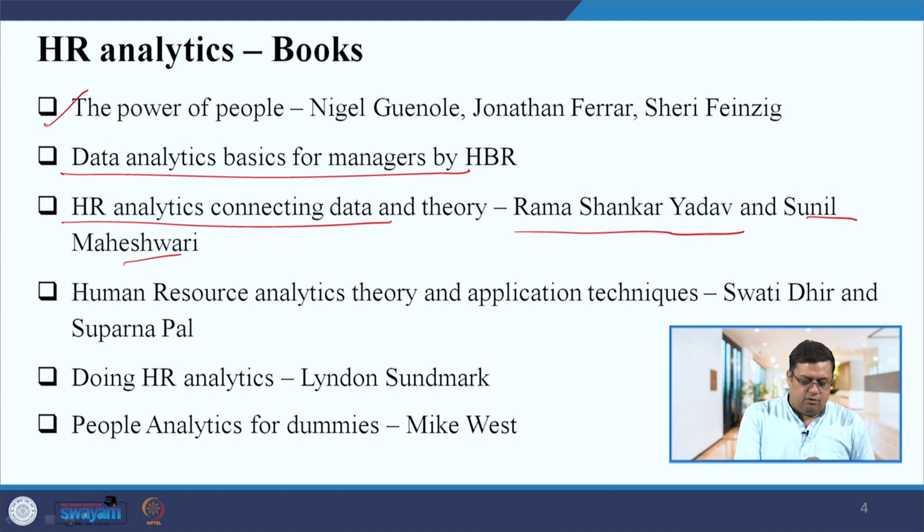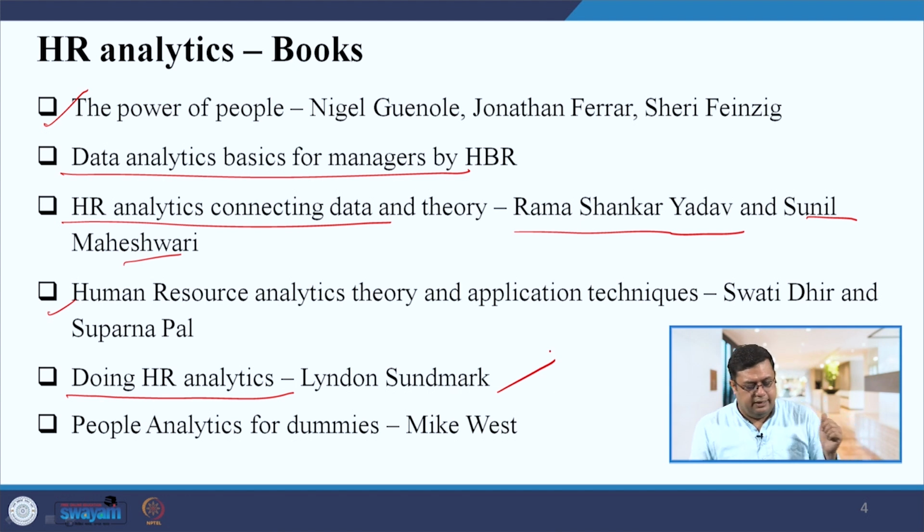The next book that I found is Human Resource Analytics: Theory and Application Technique. For visualization and analytics purposes, you can use this book also. The next book is Doing HR Analytics by Linden.